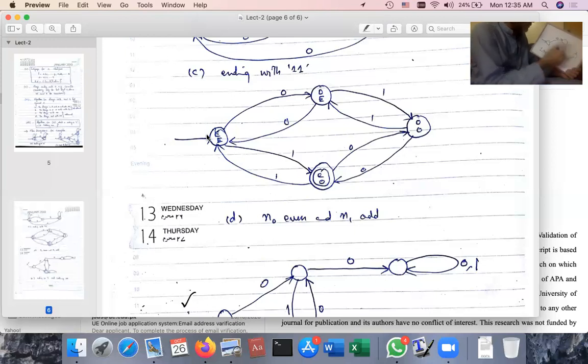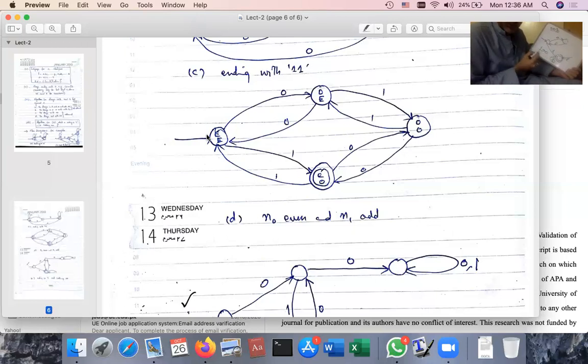So I have to make a change, maybe 0 0 and then 1 here. If I put 0 here, then my previous string 0 0 and then 1 here, this one 0 0 1 is accepted.